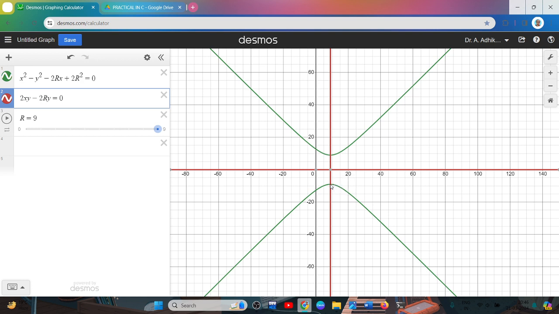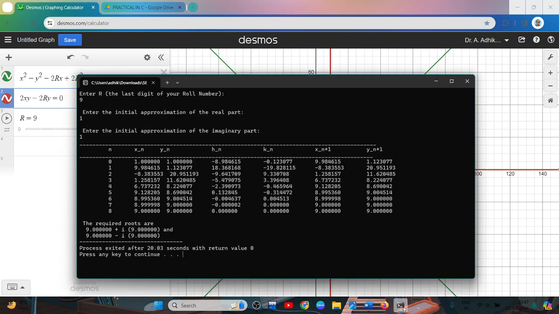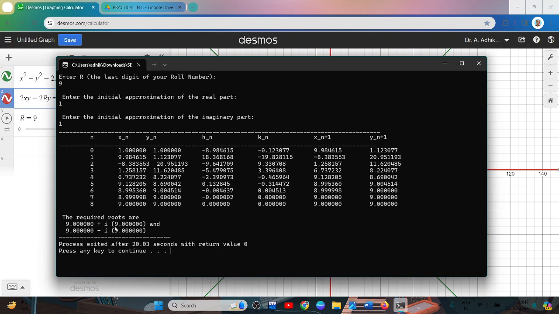So for these two non-linear simultaneous equations u(x,y) equal to 0 and v(x,y) equal to 0, we get the intersecting points of these two curves, the two complex roots: 9 plus 9i and 9 minus 9i. Thank you for watching this video.